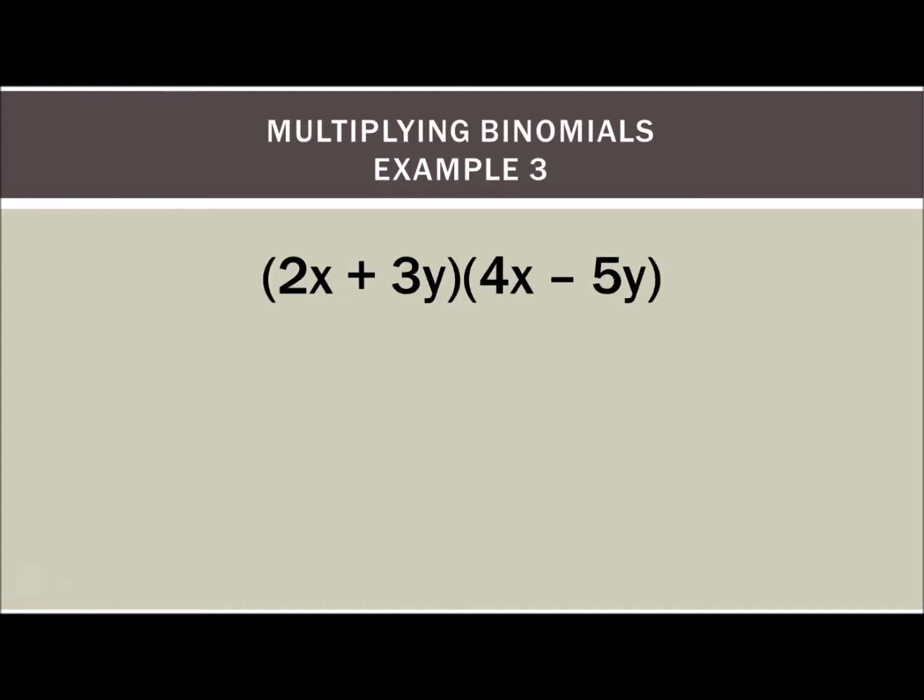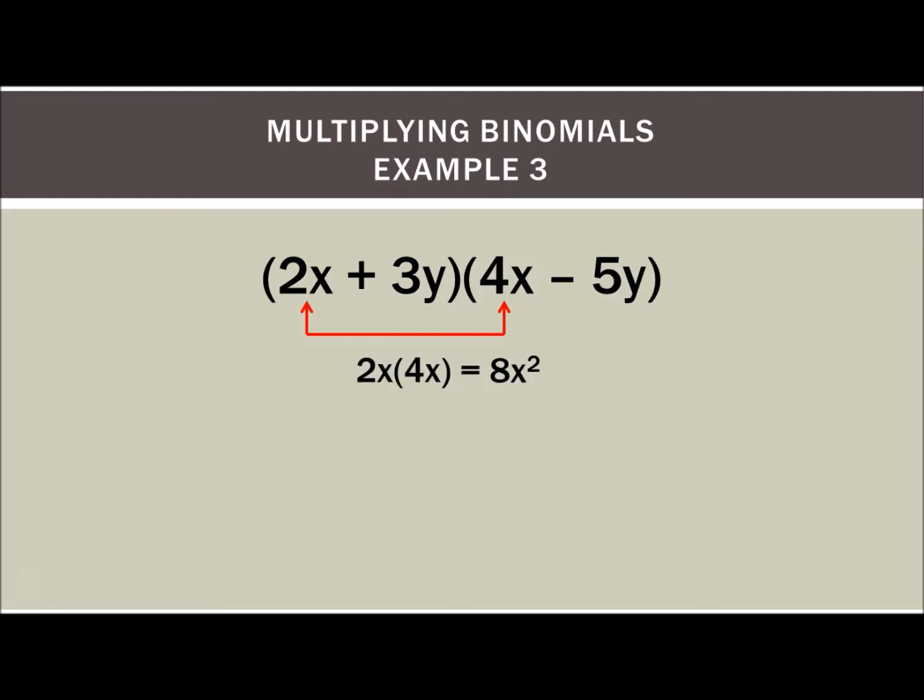Okay, example 3. Now we're going to do binomials. So binomials, as you can see, there are 2 terms in this parentheses, and there are 2 terms in this parentheses. So we're going to go ahead and multiply. So it's exactly the same thing as the monomials, but it's going to take us a couple more steps to do. So we're going to look at the first term in the first binomial set and the first term in the second binomial set, and we're going to multiply those together.